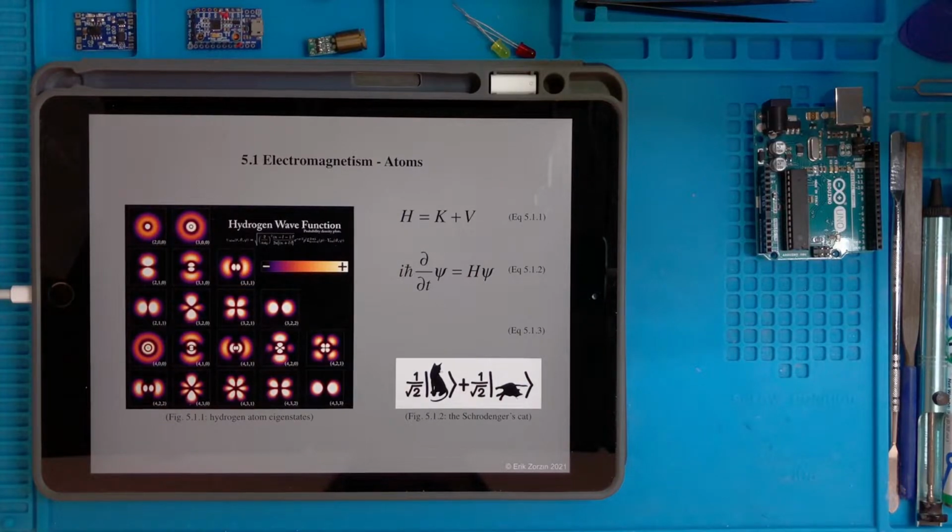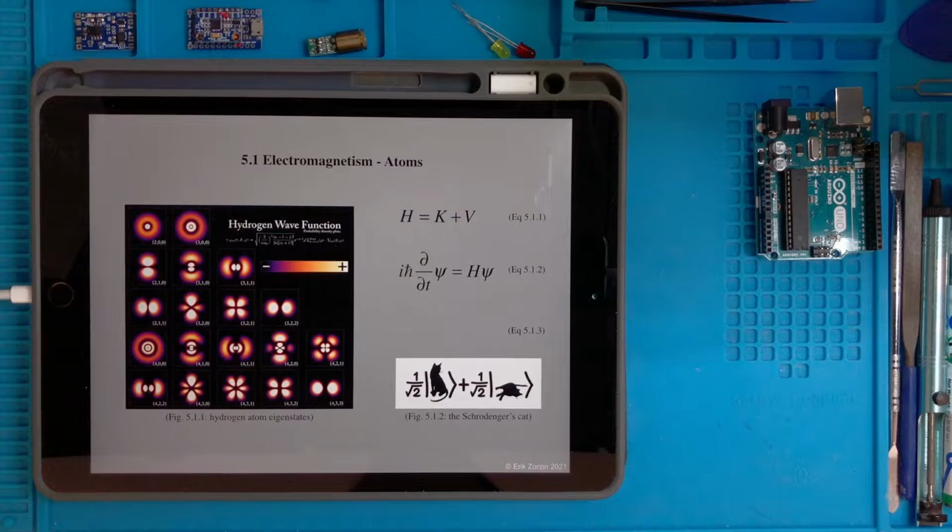The entire problem of quantum mechanics started about a century ago with some crucial experiments that were very difficult to explain according to the physics of that time.